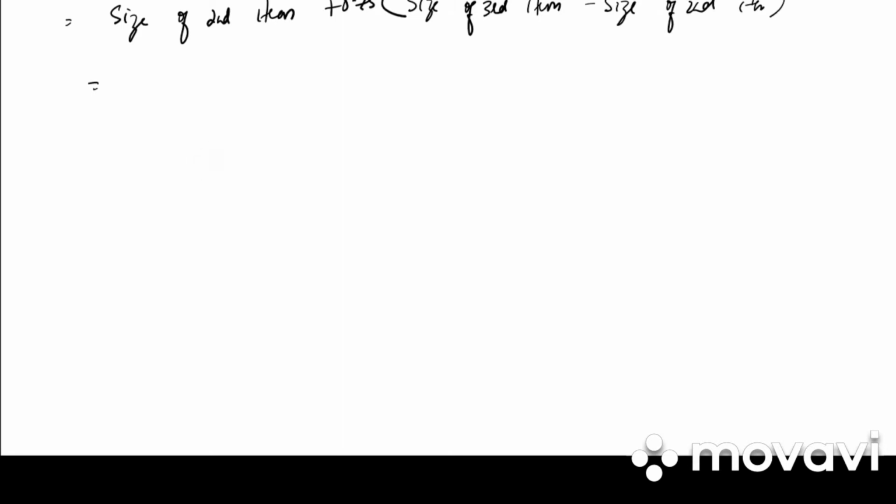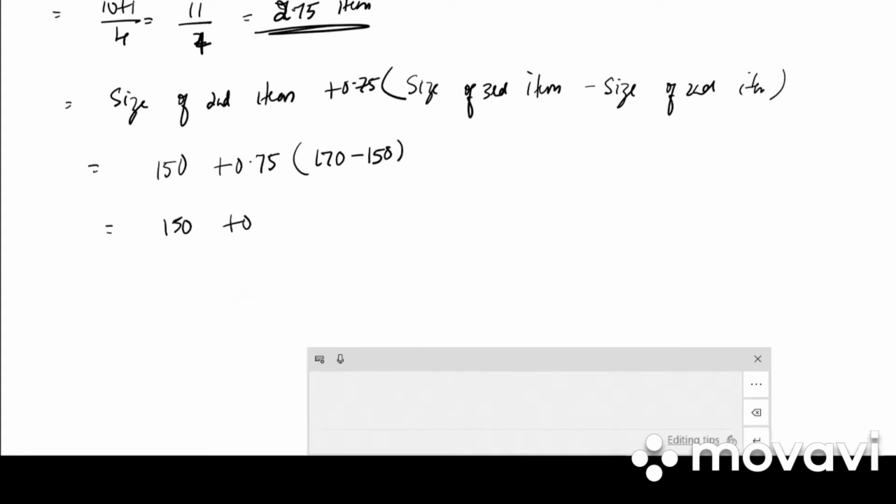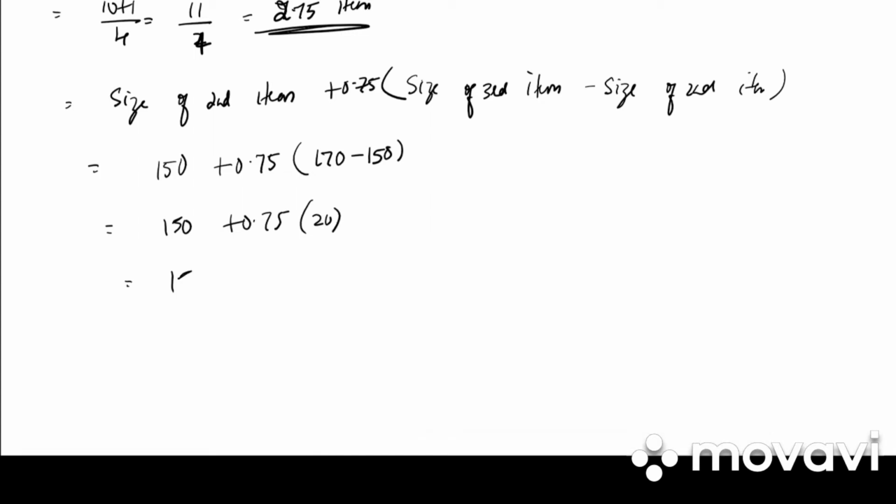So size of second item is how much? It is 150 plus 0.75 into 170 minus 150. So it is 150 plus 0.75 into 20. 150 plus 15, that is 165.